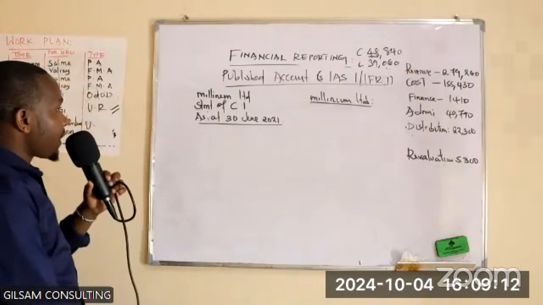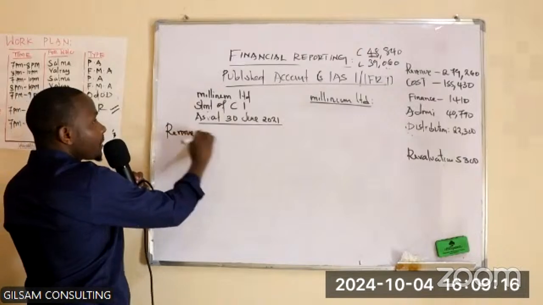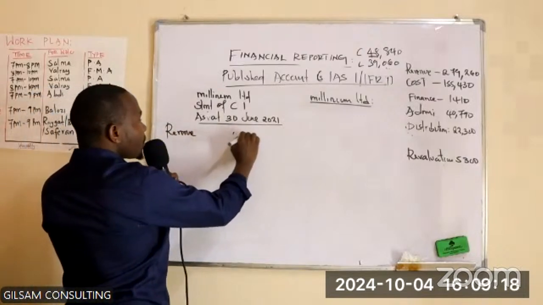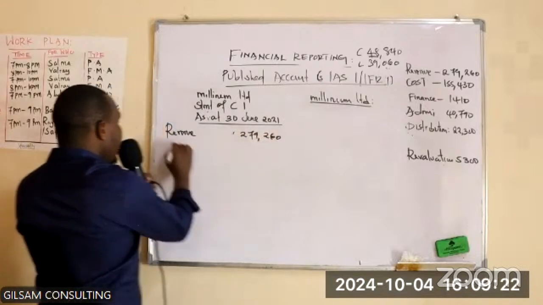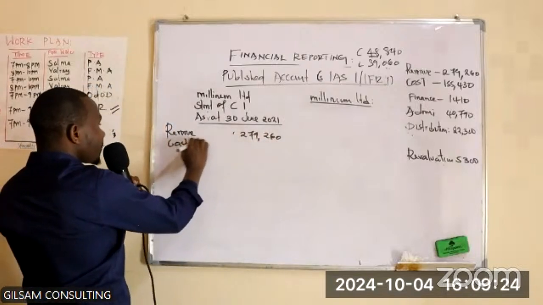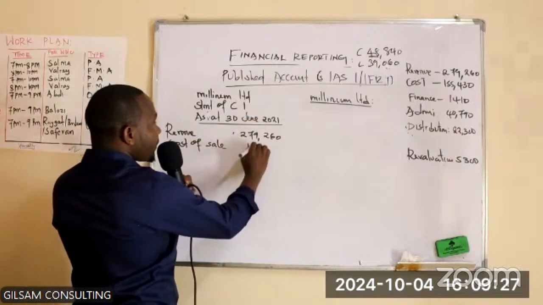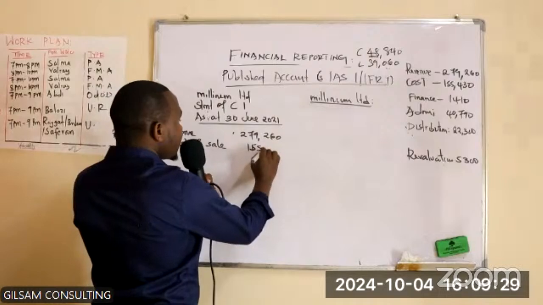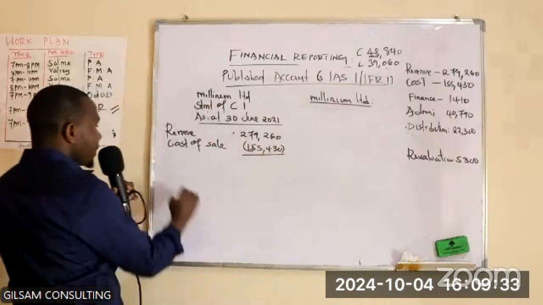We start with the revenue. I can see the value of revenue there, which is 279,260, less cost of sales of 155,430. We get our gross profit.